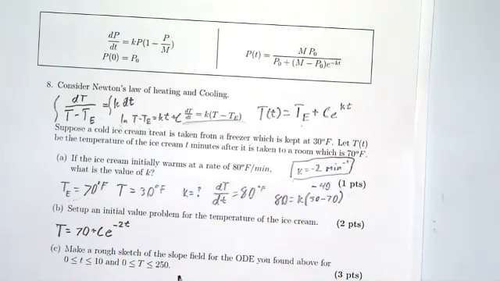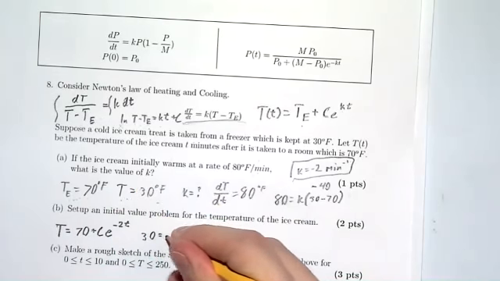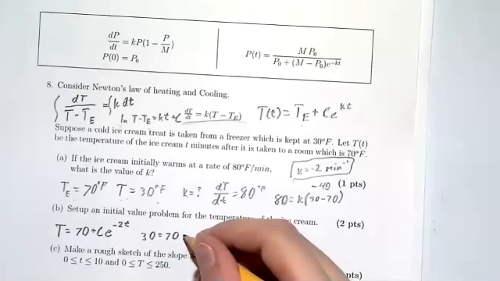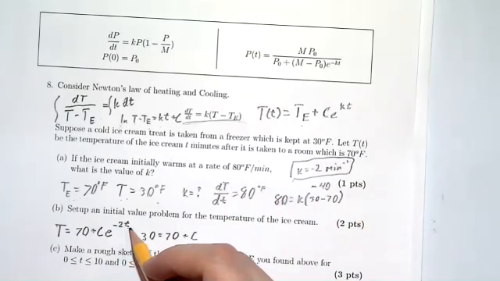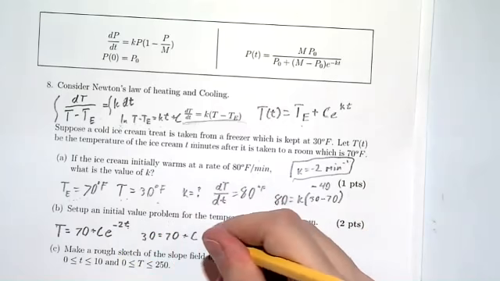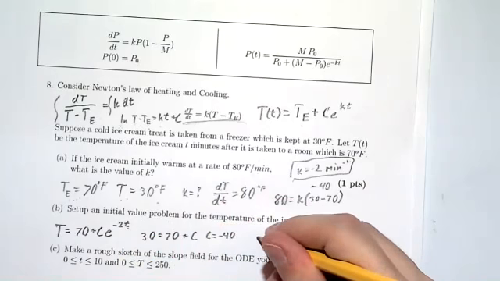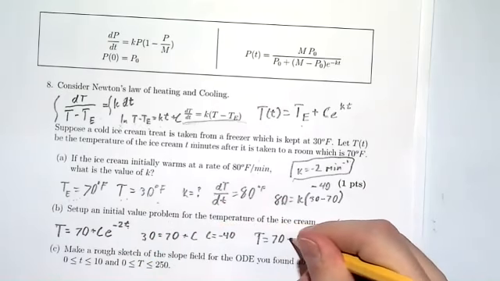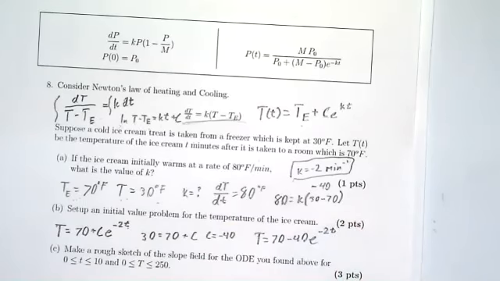And then we know that at time equals 0, our temperature is 30. So we get 30 is equal to 70 plus C, and now e to the negative 2 times 0 is e to the 0, which is 1. So we just have this. So we know C is equal to negative 40. So now we know T is equal to 70 minus 40 e to the negative 2t.